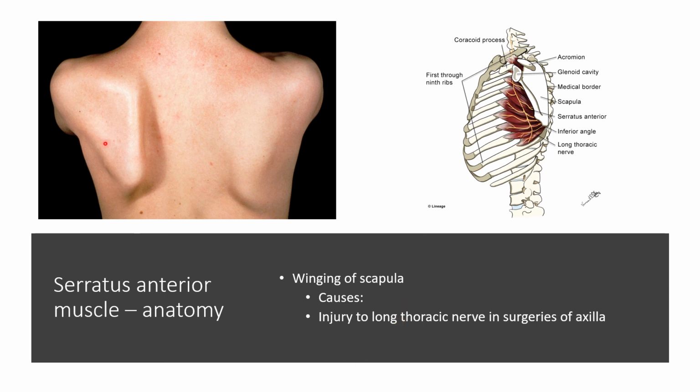Then it produces a condition called winging of the scapula. You are seeing the picture where the medial border and inferior angle of the scapula are prominent because there is paralysis of the serratus anterior muscle because of injury to the long thoracic nerve.